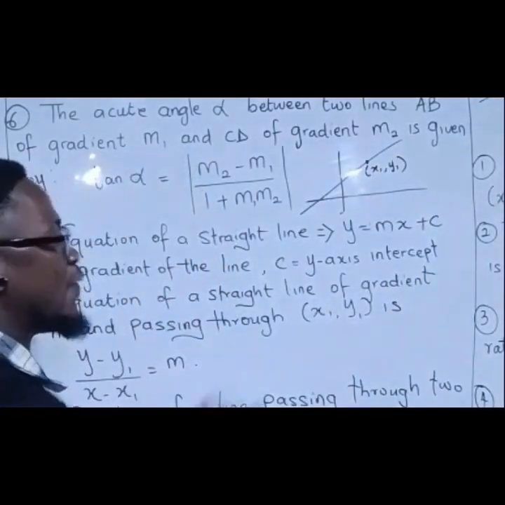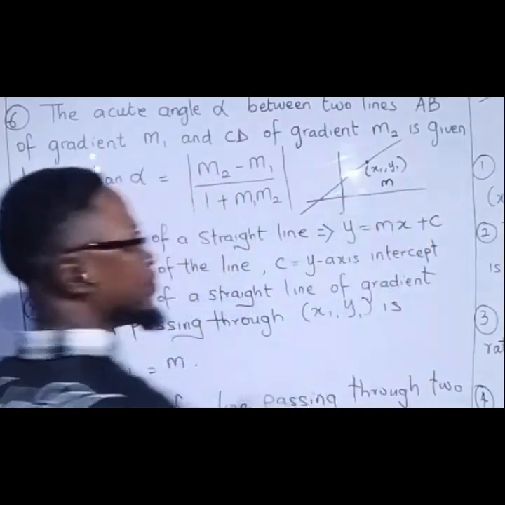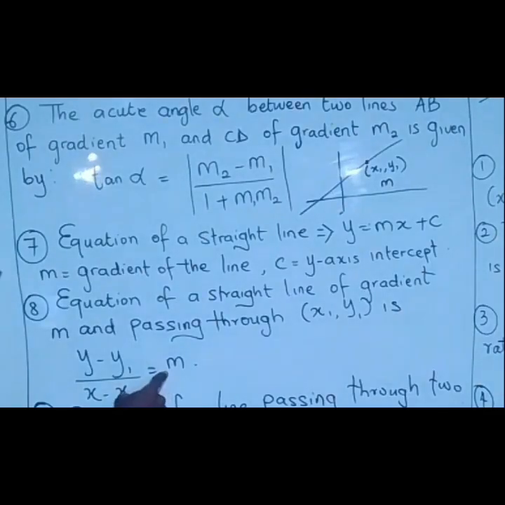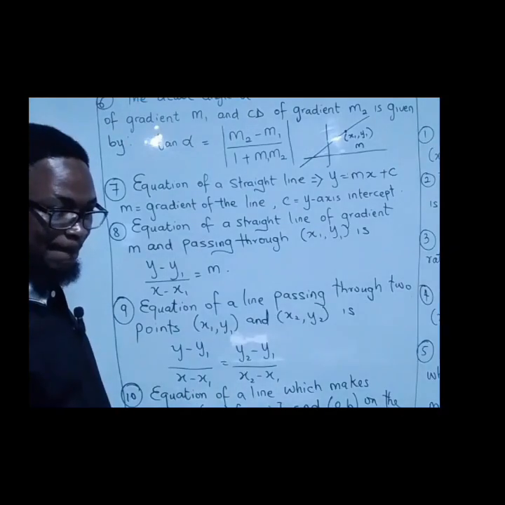And we have our slope, m. Right? How do you still get the equation of that line? You use this formula. In this formula, there's no mention of c, right? But you can see that there is x1, y1 in that equation, and there's also m.